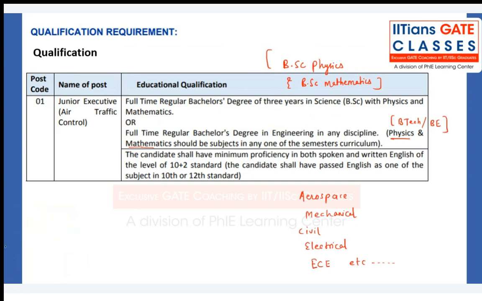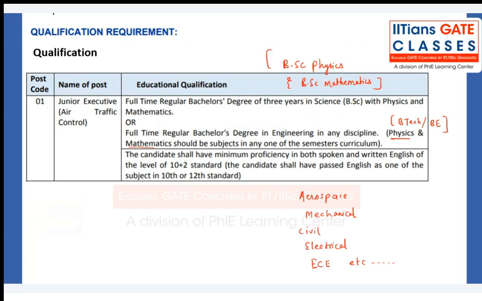That is the first. Second, those who have completed BE or BTech from any of the disciplines are eligible to apply. But the condition is that physics and mathematics should be a subject in any one of the semester curriculums, guys. Another thing they have mentioned: candidates shall have minimum proficiency in both spoken and written English at the level of 10+2 standard.